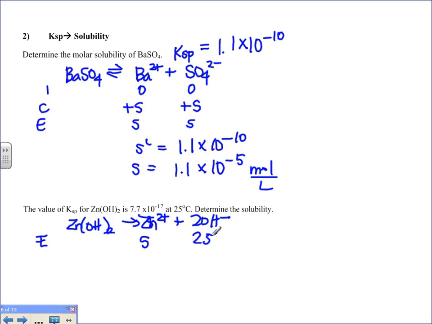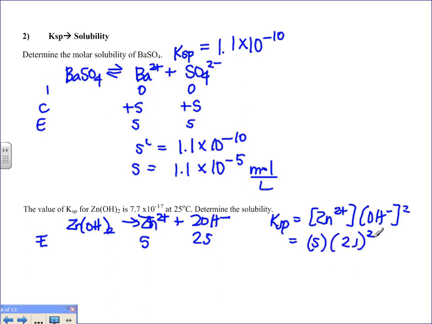The key here is that we've got this 2S and we also have a Ksp expression that considers that 2S. So we've got zinc times hydroxide squared. So we're going to have S times 2S all squared, which is 4S cubed.